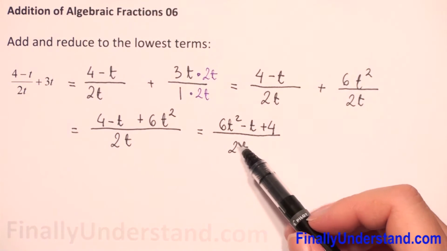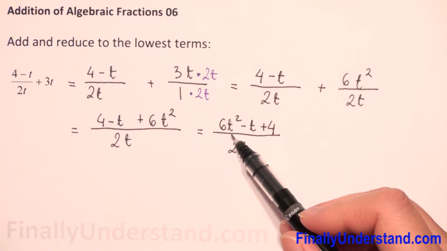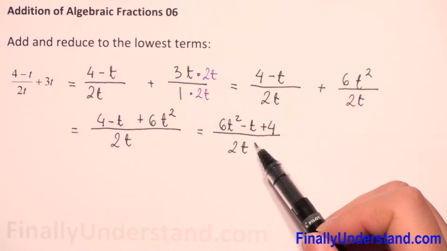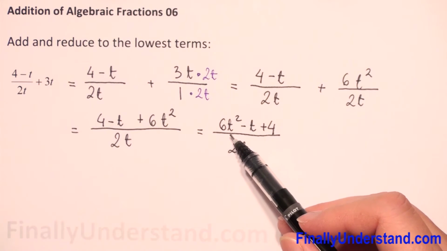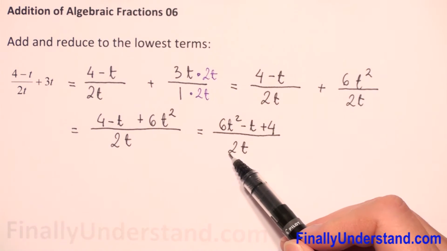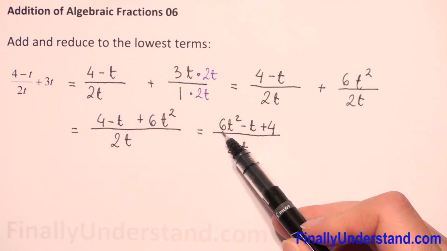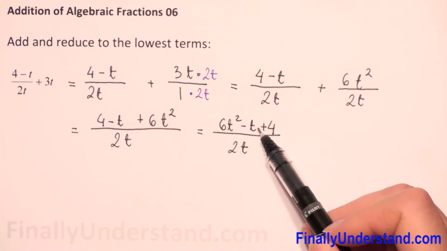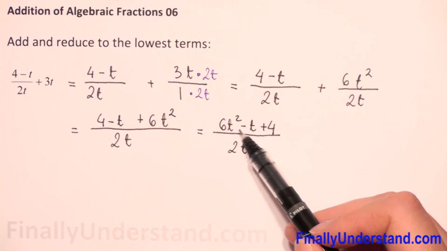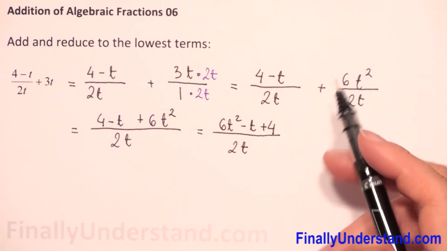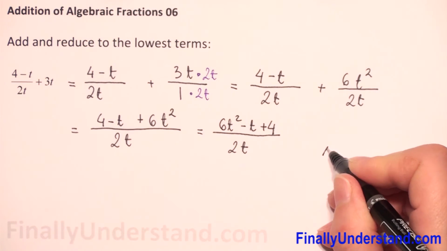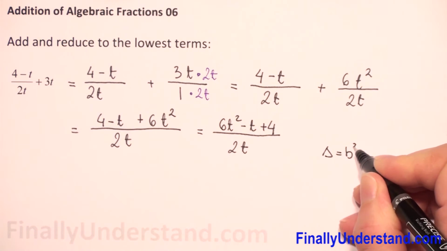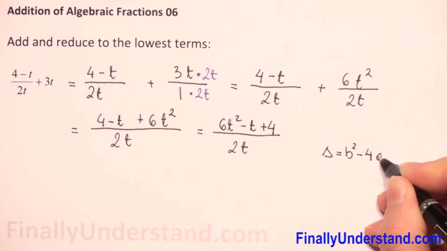We have in the numerator a general quadratic trinomial. So we can reduce to the lowest terms if we have multiplication in the numerator and in the denominator. How do we check if we can factorize this? We have to find the delta. The delta is equal to b squared minus 4ac.